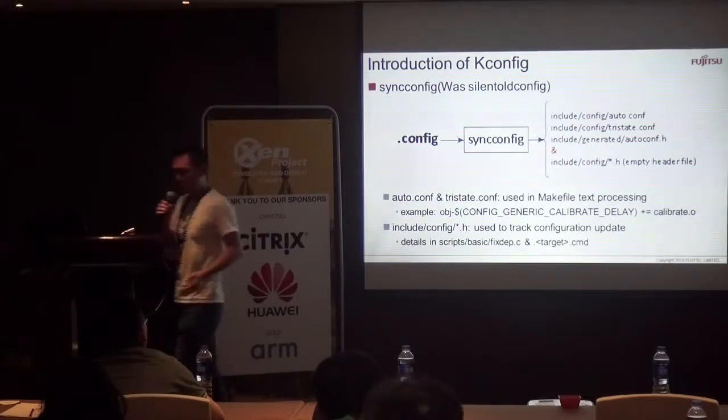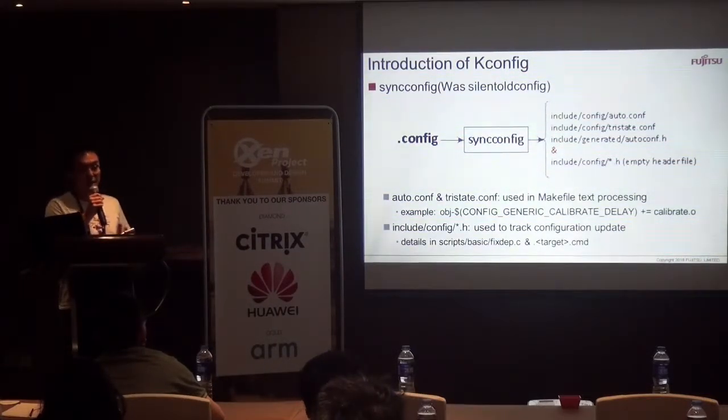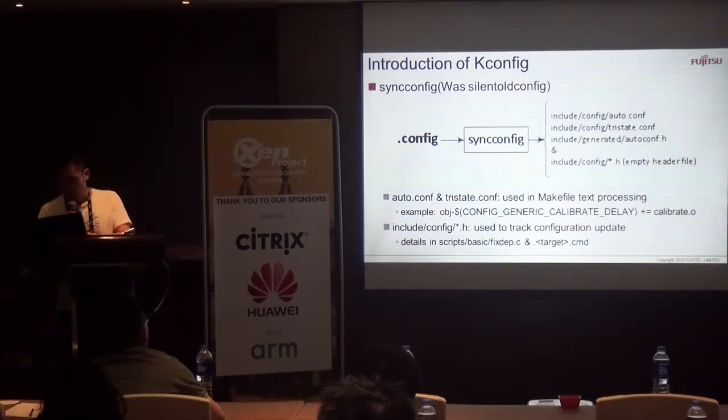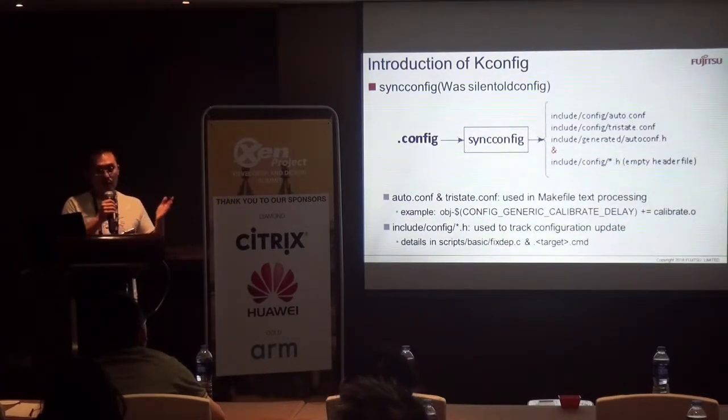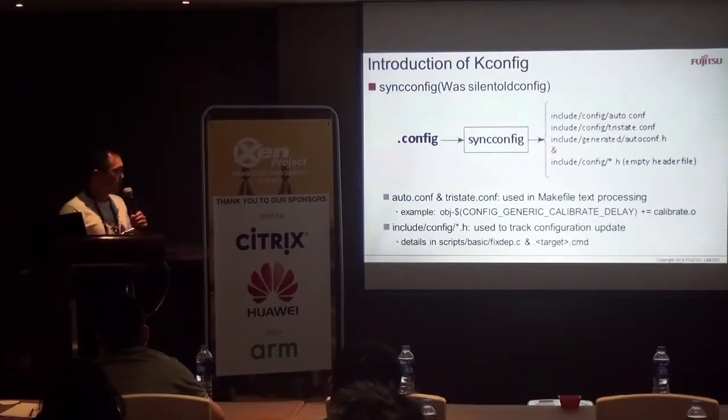This is actually a trick the kernel plays to do configuration dependency tracking, which means when a configuration item is updated, the targets which depend on it should be updated too. It needs a host program called fixdep to set up the dependency relationship. This is the source file of this tool.